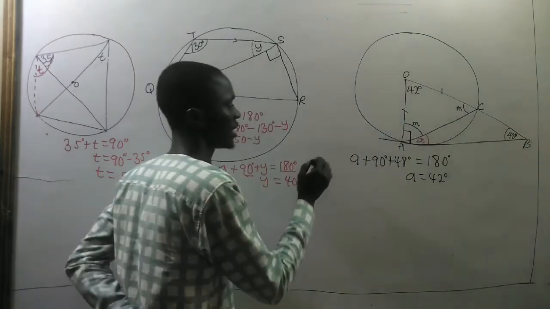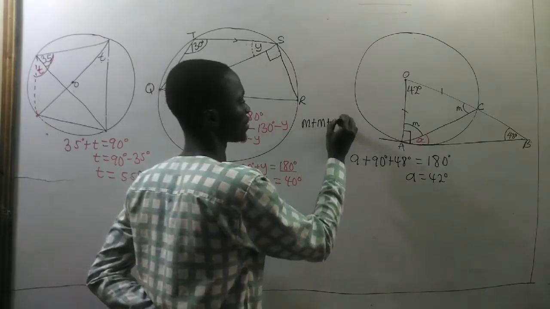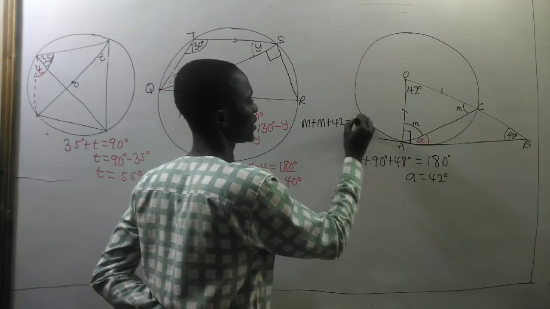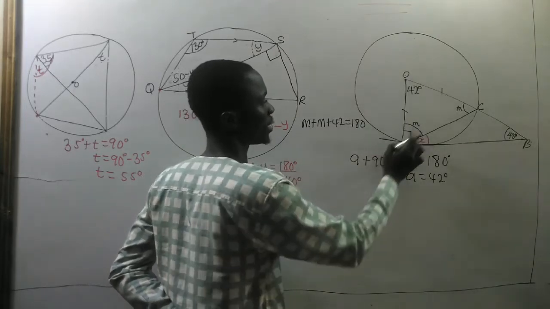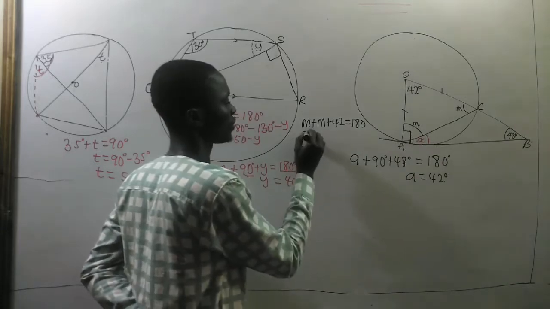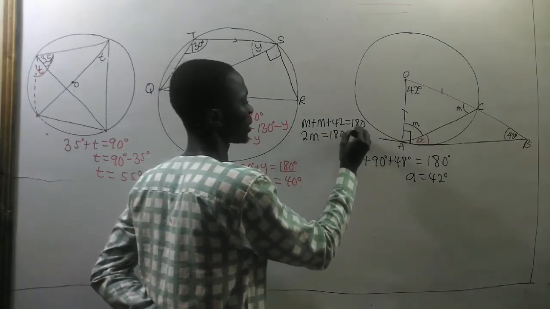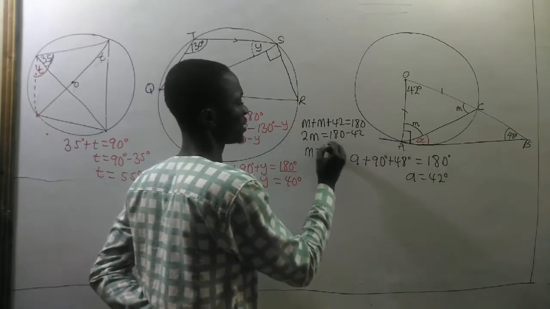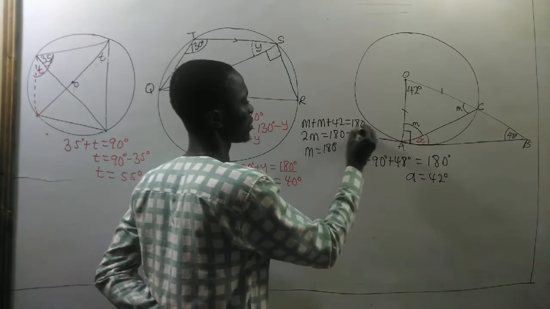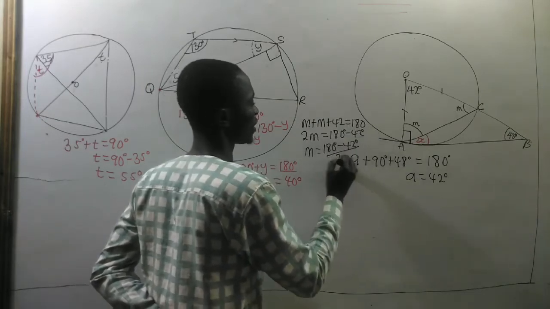So let us find M. We take M plus M plus 42 equal to 180 degrees, the sum of the angles in triangle OAC. And here we have 2M equal to 180 degrees minus 42, and M will equal 180 degrees minus 42, all divided by 2.